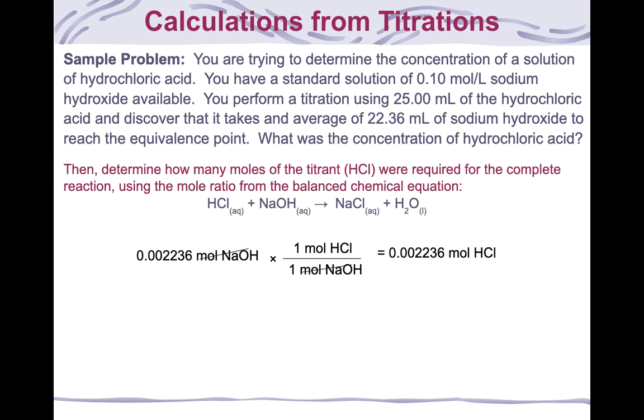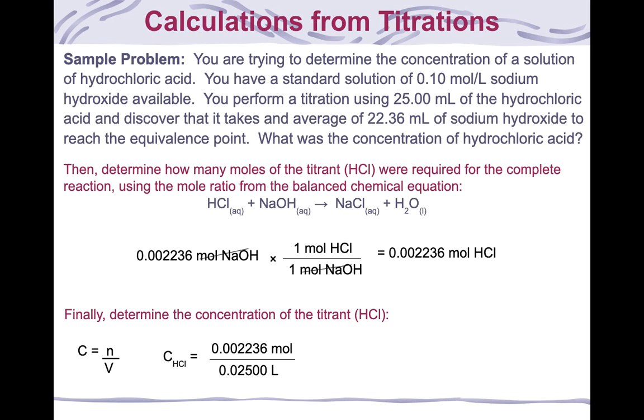Finally, we were trying to find the concentration of the HCl. So concentration equals moles over volume. In this case, we have the moles, the 0.002236 moles, and our volume of hydrochloric acid was 25 milliliters, or 0.02500 liters. When you do that calculation, you get this answer, and you check your significant figures.